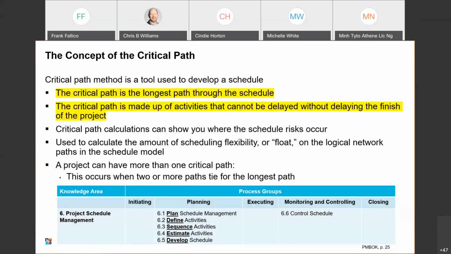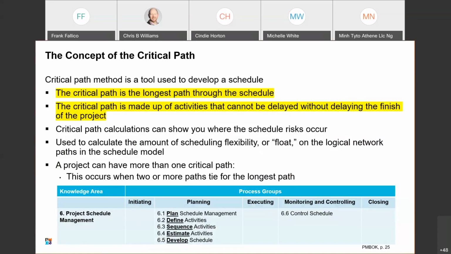Okay. So the critical path method, or we'll call it CPM, is one of many techniques that can be used to create a schedule model, and ultimately is going to help you to finalize the project schedule. CPM occurs after we've defined our activities and sequenced the activities.